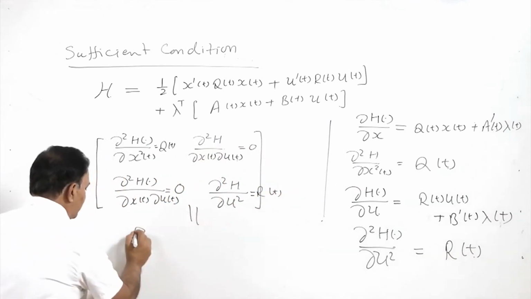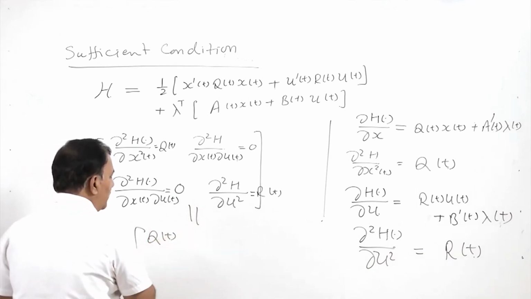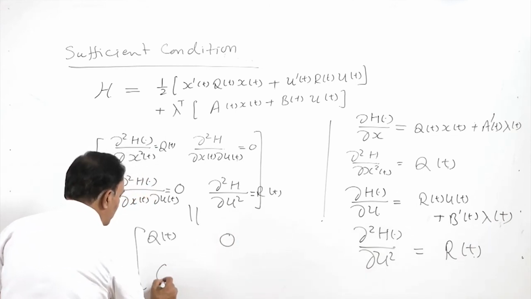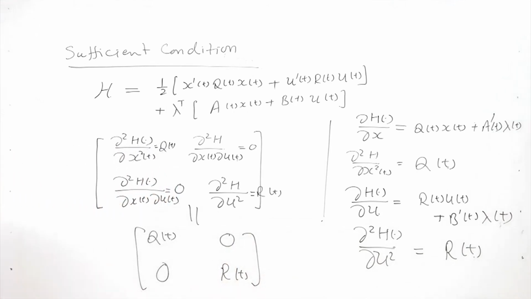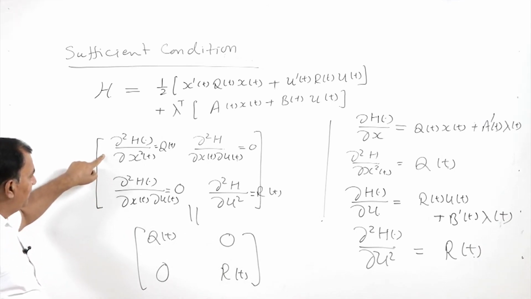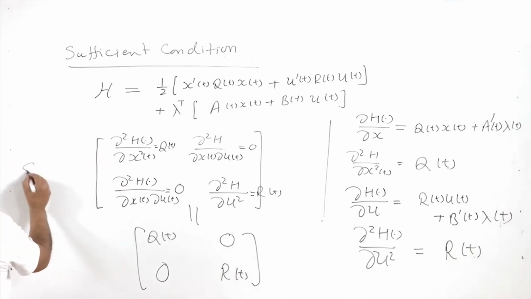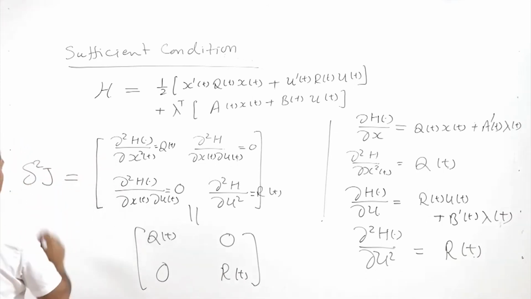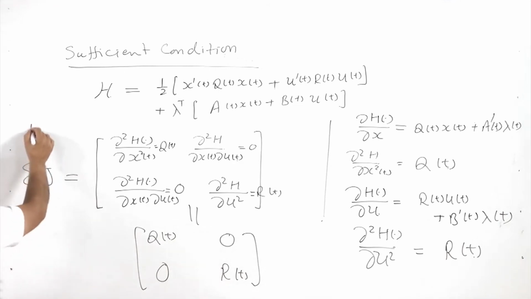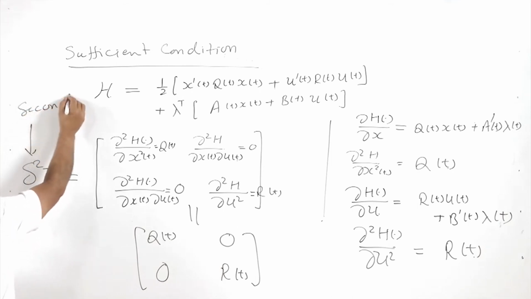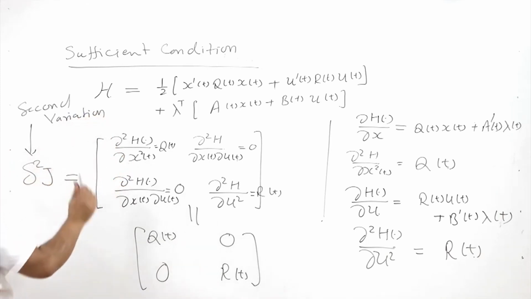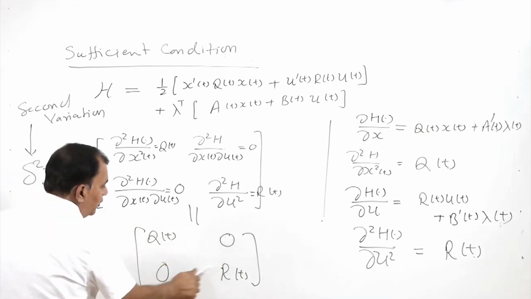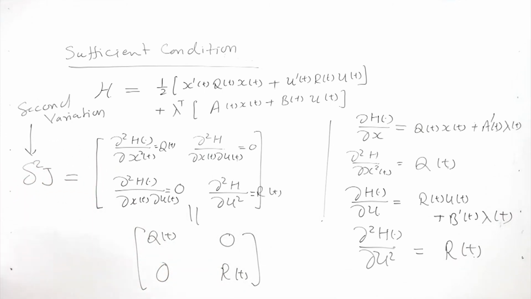So, this matrix is Q(t), 0, 0, R(t). This is my second variation, del square J. Now, what is the state of this?